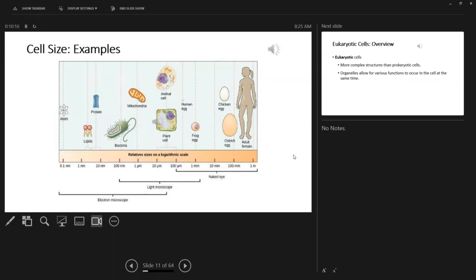But looking at atoms and molecules with an electron microscope is kind of tricky because this device is shooting beams of electrons at the object that you're looking at, and when electrons hit an atom, it's going to move the atom or disturb it or change it. So it's hard to look at something while you are moving it or disturbing it. So you don't always get good images of atoms and molecules with an electron microscope.